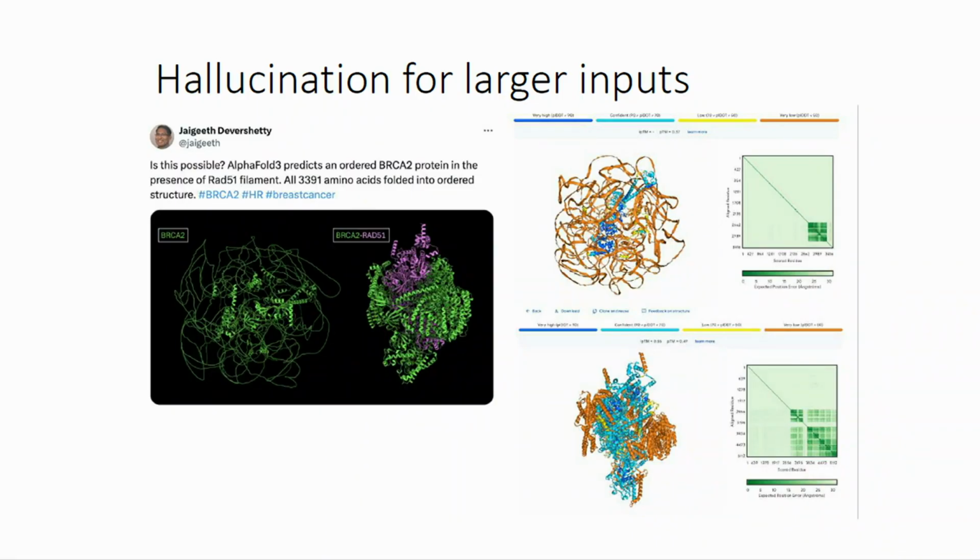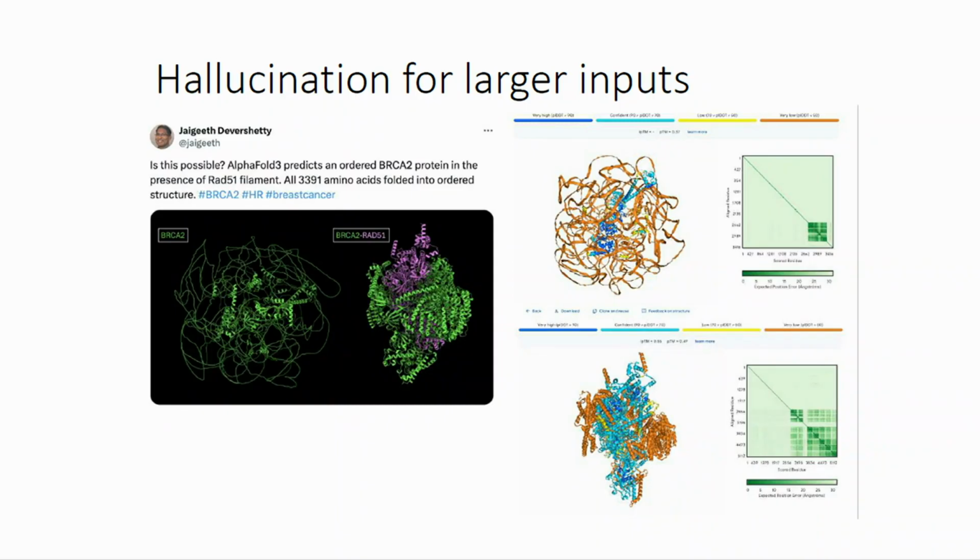There are a lot of known abnormal proteins which are not supposed to fold well. They should just be loops, but somehow the model sometimes tends to put things into organized helical bundles, which can be one type of hallucination. And I heard people also argue maybe this is because they removed the clash loss.